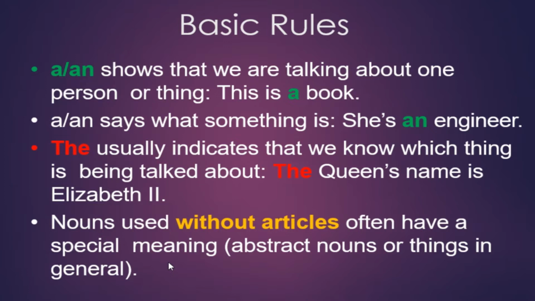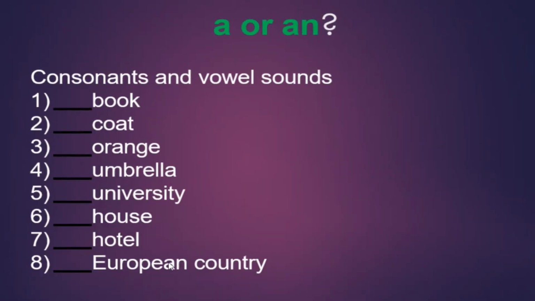We have some other rules. Normally, A or AN sits before a consonant or vowel sound, based on the consonant or vowel sound. Like an book is incorrect, but a book is okay, a coat is okay, an orange, an umbrella, a university, because when the sound is like u, we have to use a.